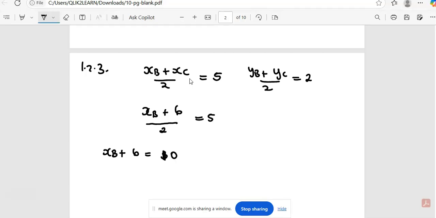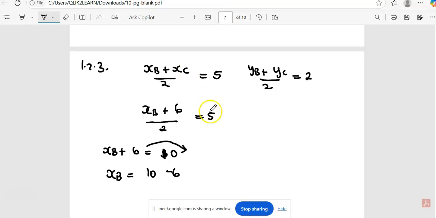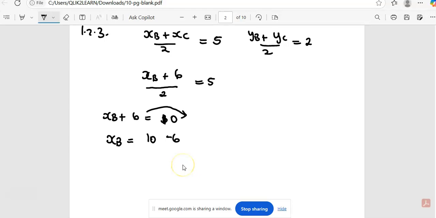Our aim is to isolate x of B because we are looking for the x coordinate. The 6 will come this side to be negative 6. 10 minus 6 will give us 4. Therefore, the x of B will be positive 4.